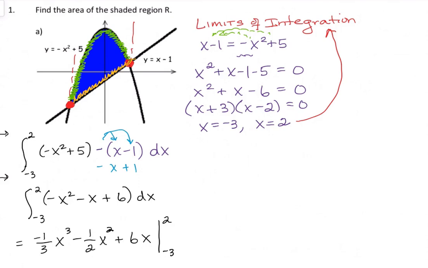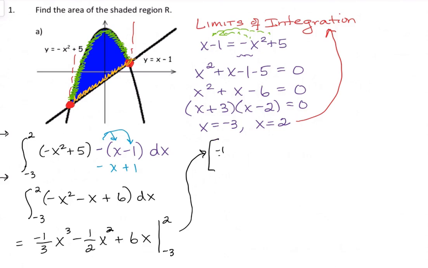So remember, to evaluate that, we're going to plug in for x our upper limit of integration minus, then we're going to plug in our lower limit of integration. So I'm going to start by replacing all of those x's with 2, and I'm going to use a bracket here.